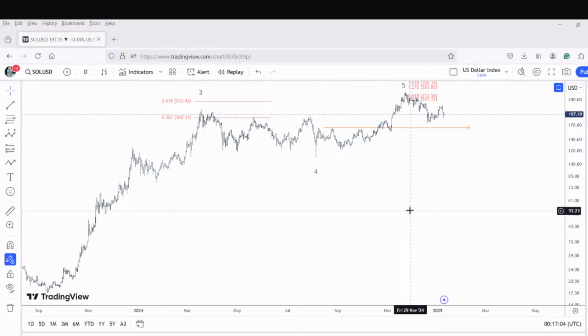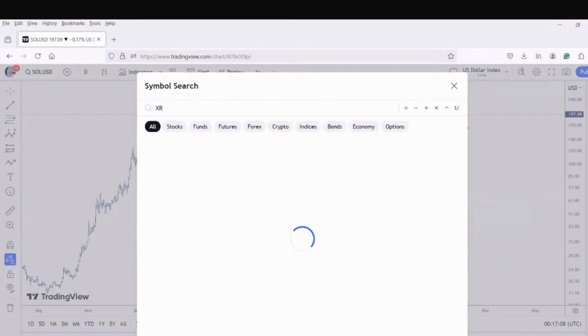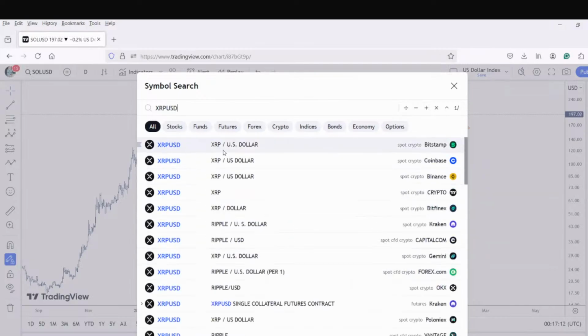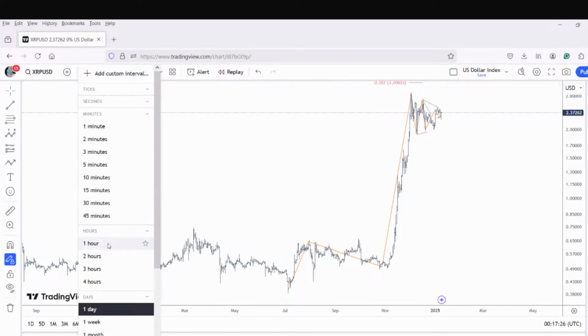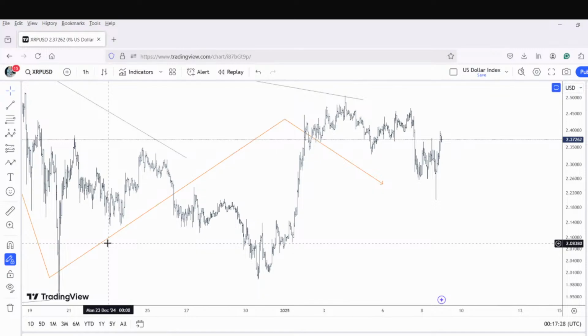Okay, let's have the final touch with the Ripple chart. Again, okay, the structure remains same. The triangle is neatly poised now, but I'm going to bring up an hourly chart to confirm that wave E is now in place.